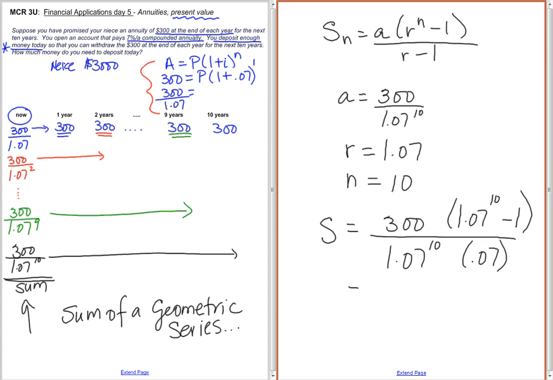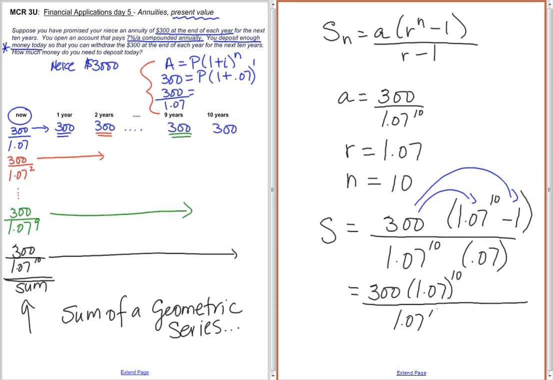If I were to do distributive law, I would have 300 times 1.07 to the 10 over 1.07 to the 10 minus 300 over 1.07 to the 10.